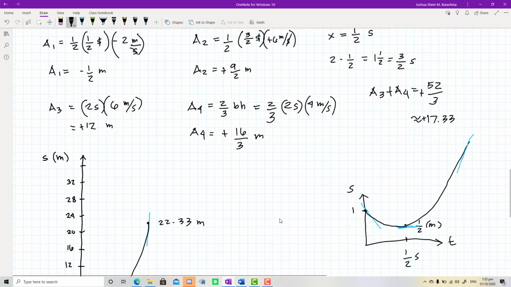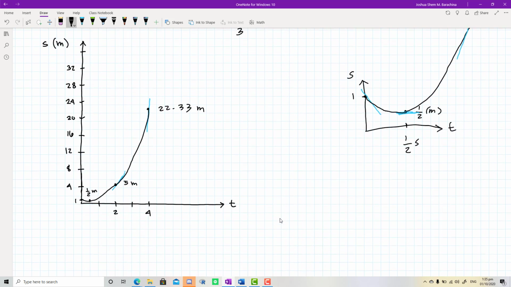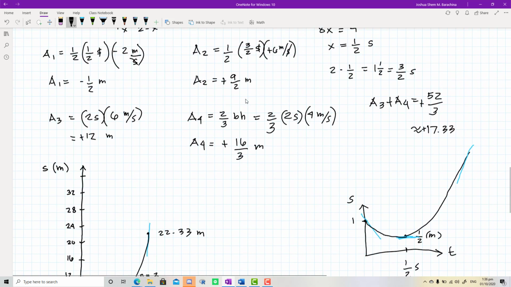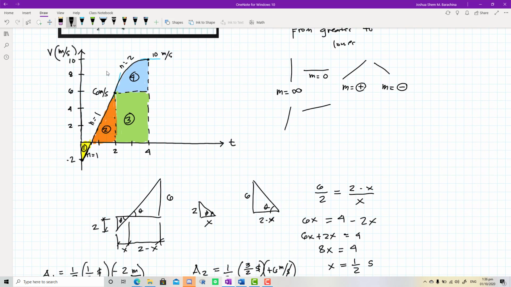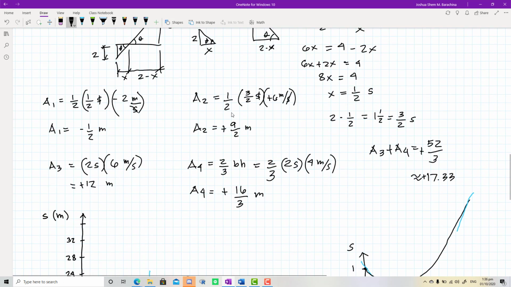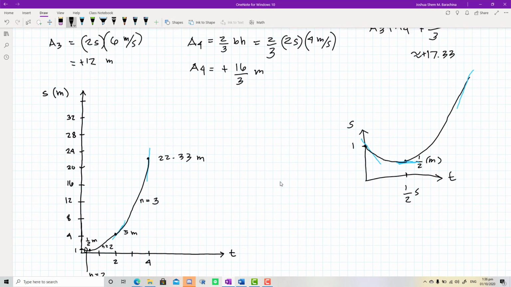And for the position curve, the degree of this is second degree, and the degree of the third region would be third degree. This one also will be a second degree curve. So from your acceleration time diagram, we have obtained your velocity time diagram and your position time diagram.